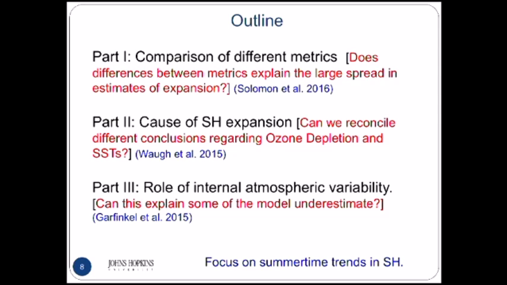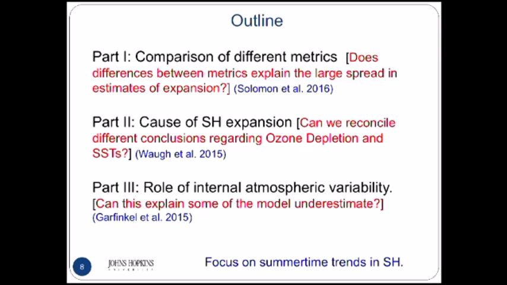So in the first part, we took some model output from very long runs, so we had lots of data, and we looked to see which metrics are measuring the same aspects, or which metrics co-vary in a model where it's physically consistent.